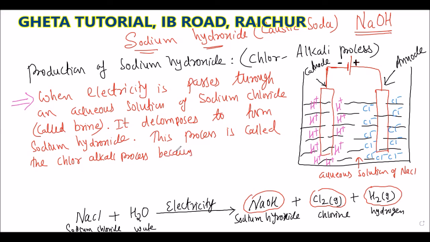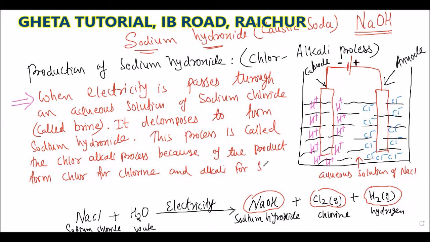Because of the products formed. What products will be formed? Chlor for chlorine, and alkali for sodium hydroxide. Alkali for sodium hydroxide.